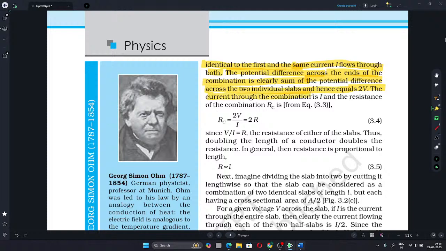The current through the combination is I and the resistance of the combination is RC. RC equals 2V by I, which equals 2R, since V by I equals R, the resistance of either of the slabs. Thus, doubling the length of the conductor doubles the resistance. In general, then, resistance is directly proportional to length.